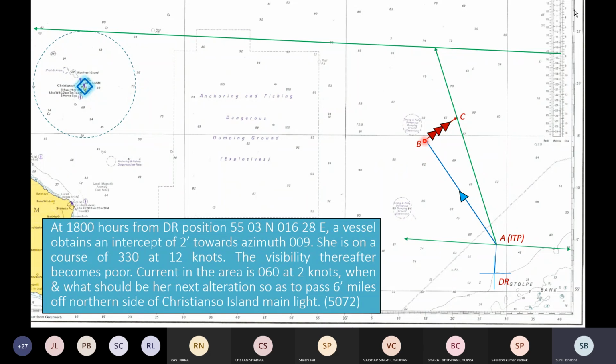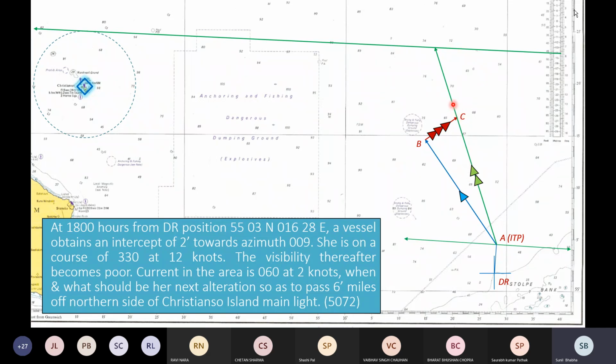Current in the area was setting me 060 at 2 knots. Bravo to Charlie, the red color vector, is my set and drift vector for the current. Therefore, Alpha to Charlie becomes my course made good vector, represented by a double arrow here.